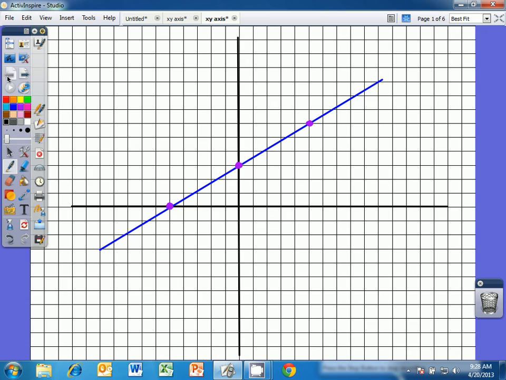So again, just a reminder, the slope is the vertical change over the horizontal change.